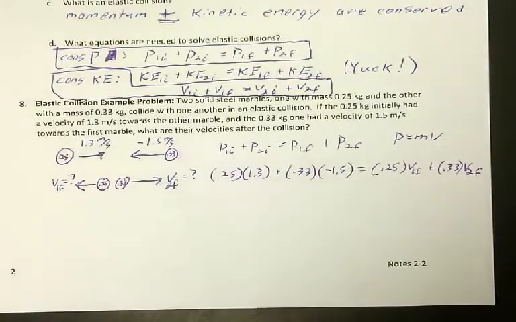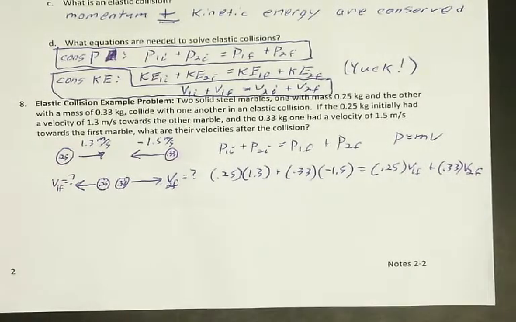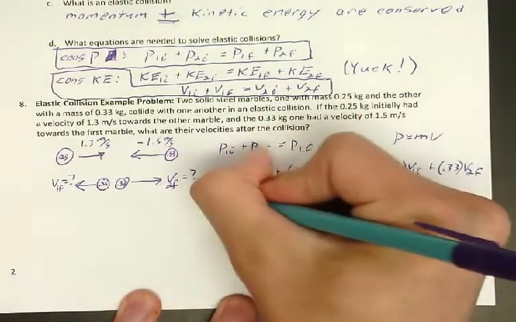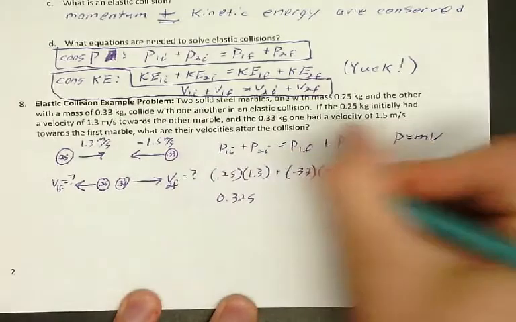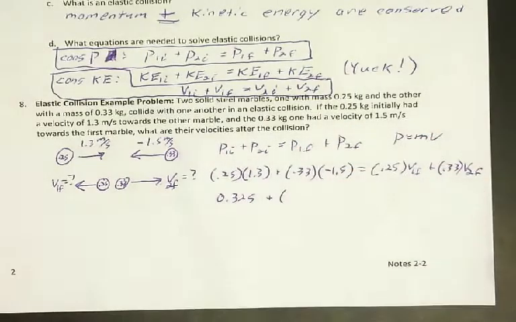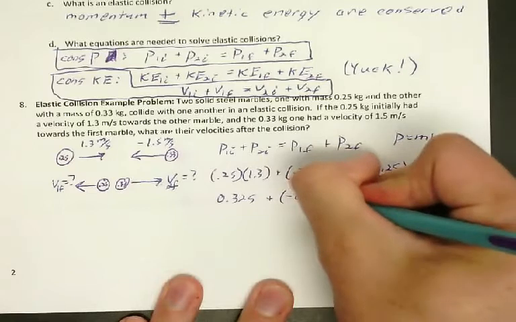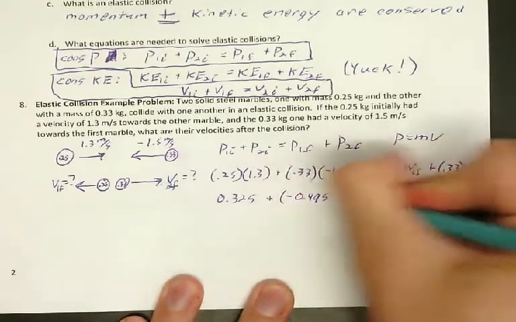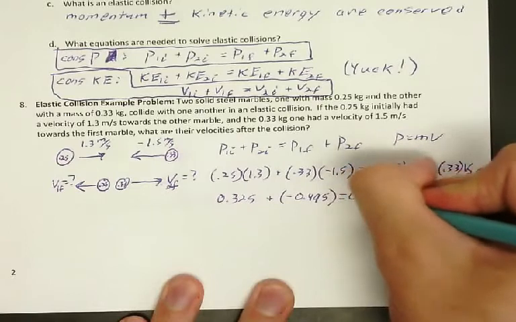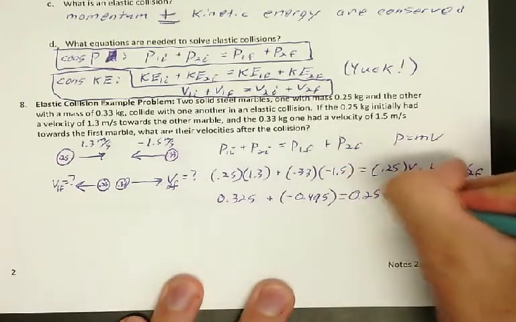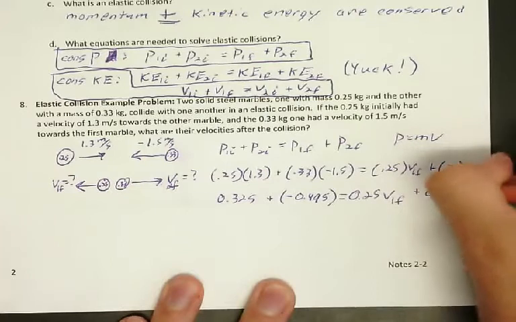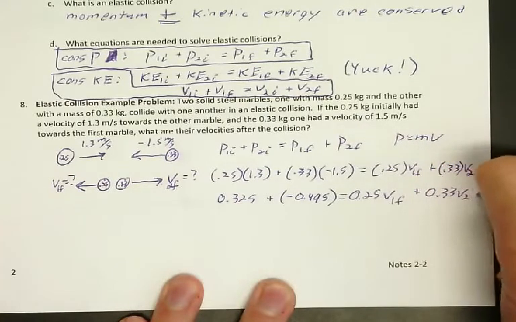So let's figure out what we can figure out. 0.25 times 1.3 is 0.325, plus 0.33 times negative 1.5, which is negative 0.495, equals 0.25 v1 final plus 0.33 v2 final.